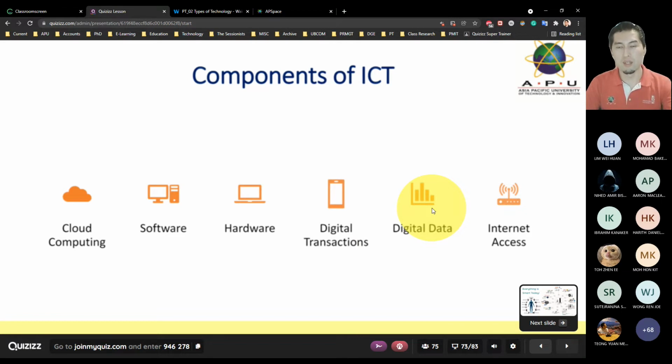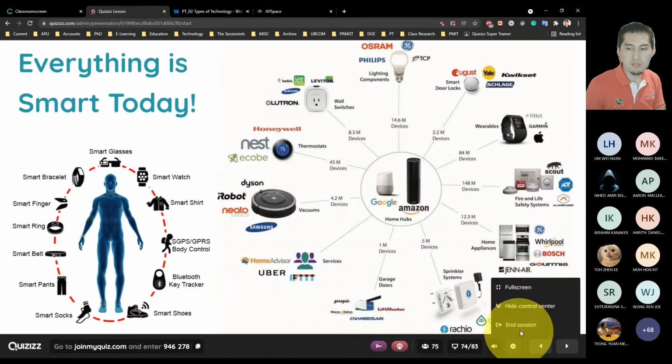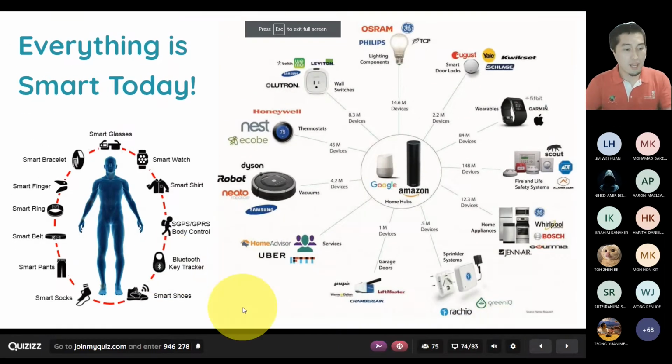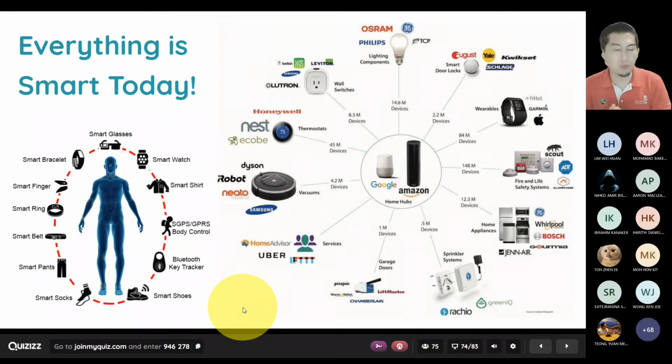As you would have heard of data analytics nowadays, or big data and things like that, and obviously going into the internet and internet access as well. So I wanted to share this picture with you because I feel it is very relevant today when it comes to ICT. As you can see, everything is becoming smart today. Yeah, everything. And when I say everything, a lot of things around us are always being featured as something smart.